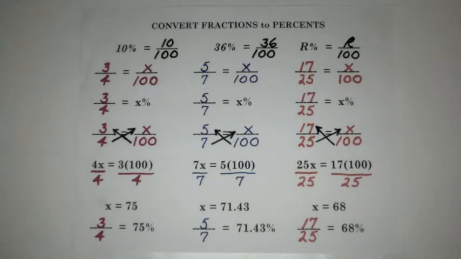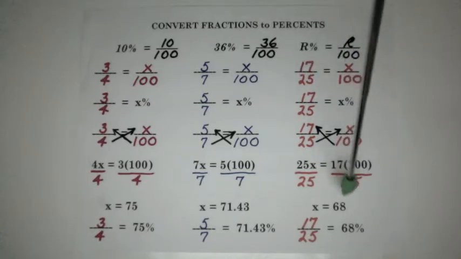Let's look at our last example. 17 over 25. I want to convert that into an equivalent fraction with 100 in the denominator. In order to move from 25 to 100, I have to multiply by 4. So I don't have to do cross multiplication in this example because I can easily just multiply this one by 4 and multiply 17 by 4.